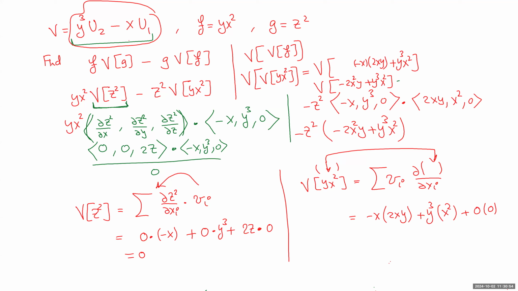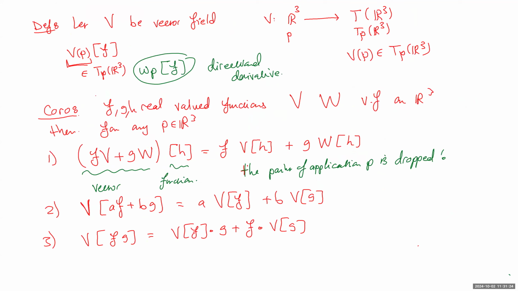Okay, let's use the product rule and use linearity. Why not? And remember, we can write that as V of 2x squared y plus V of y cubed x squared. But then we can use linearity. We can use the product rule. Remember, there's a product rule version, which is this.